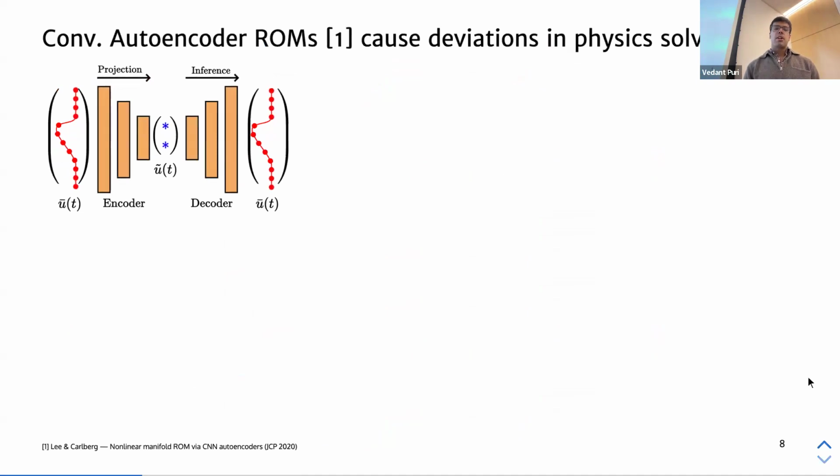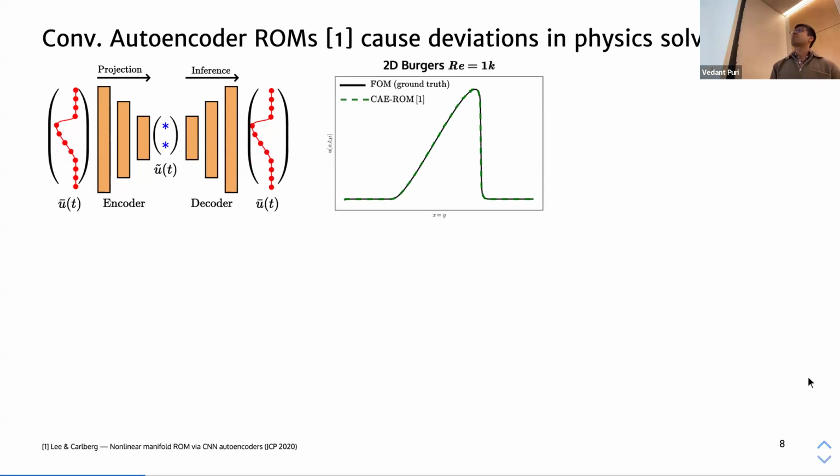So in modern reduced order models, these blue nonlinear manifolds are learned using convolutional autoencoders that learn to compress and decompress gridded data into compact latent spaces.